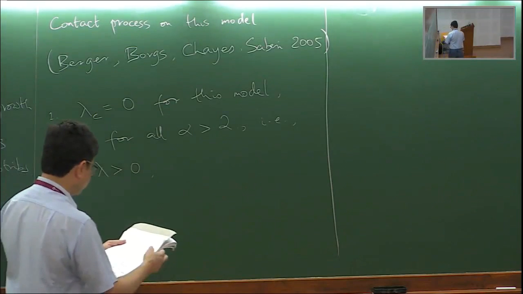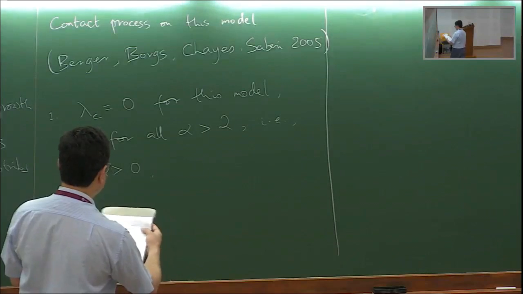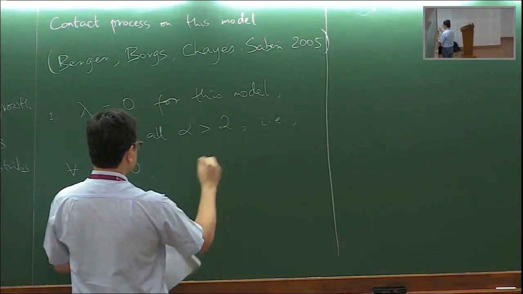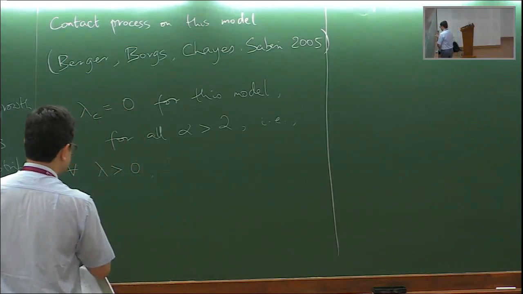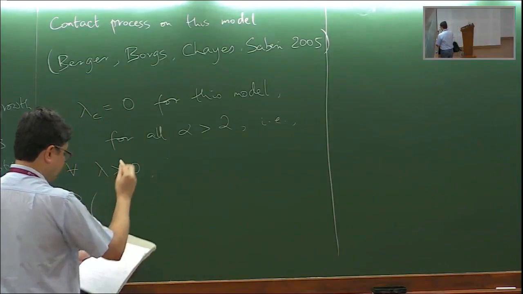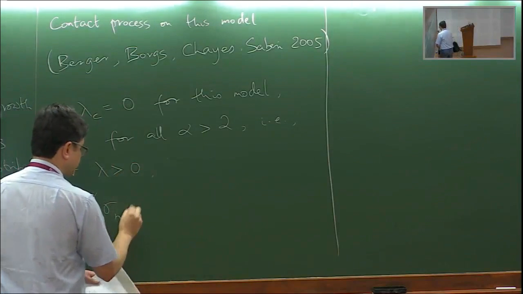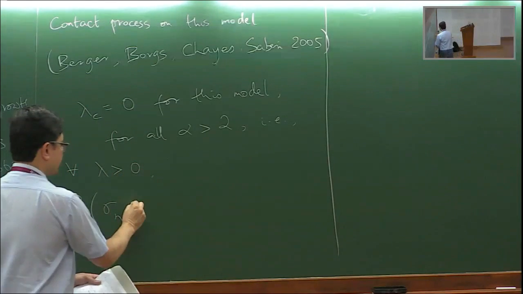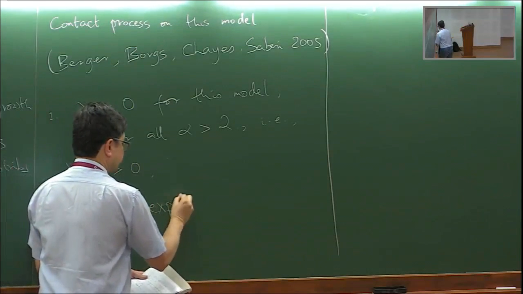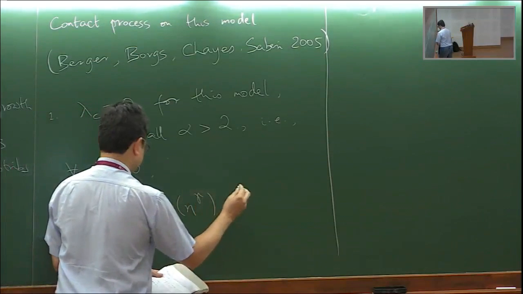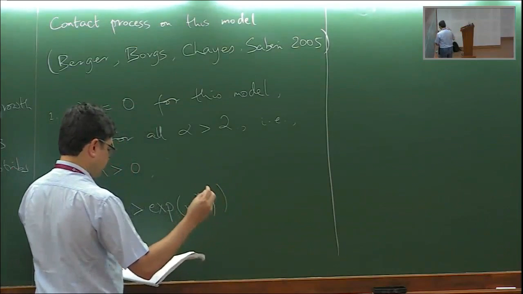So for all lambda positive, the probability that the contact process lives for time bigger than exponential n to the gamma tends to 1.